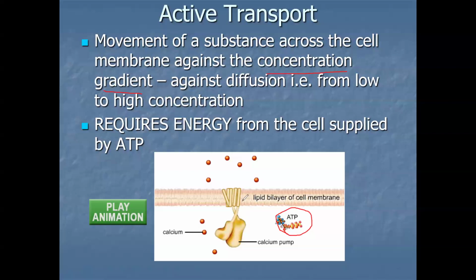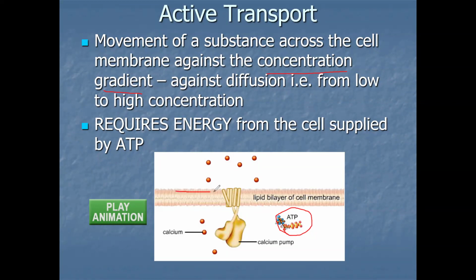So energy is needed. These are the two things that we should put at the back of our mind: in the case of active transport, energy is needed, and the movement is usually from a region of lower concentration to a region of higher concentration.